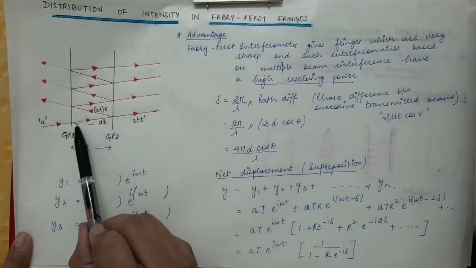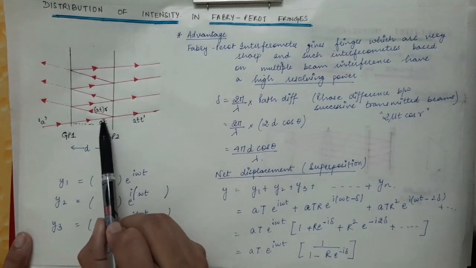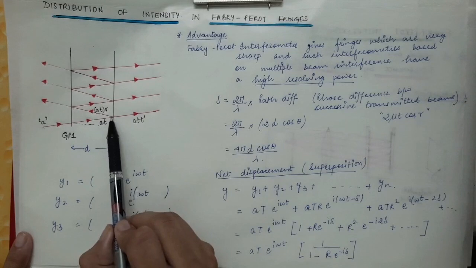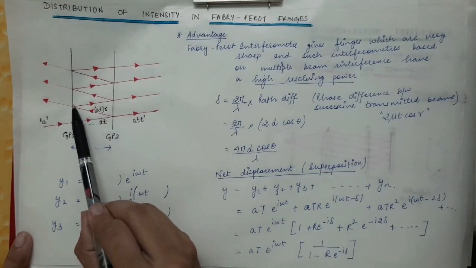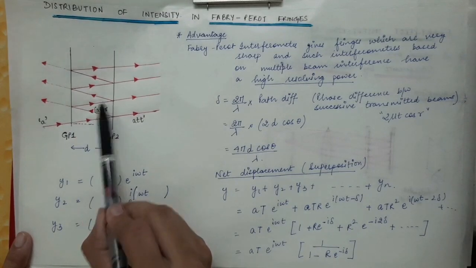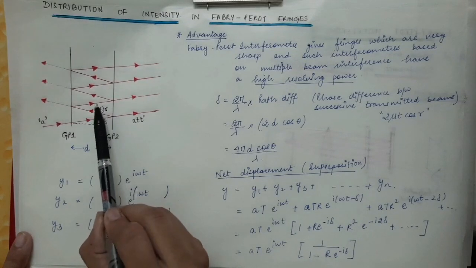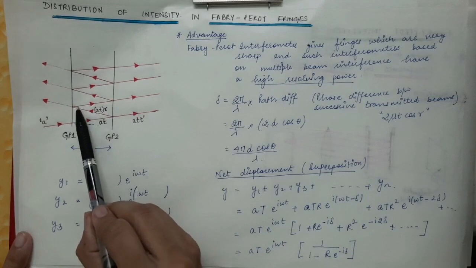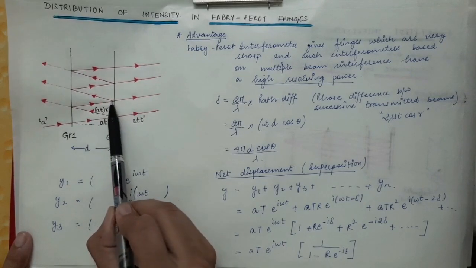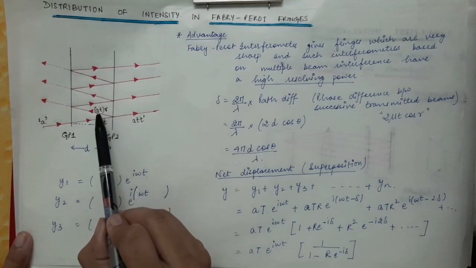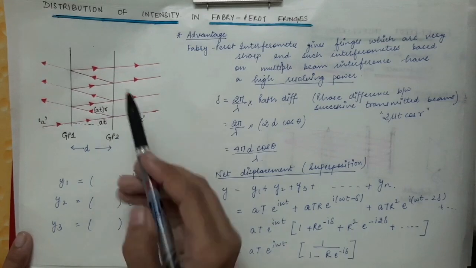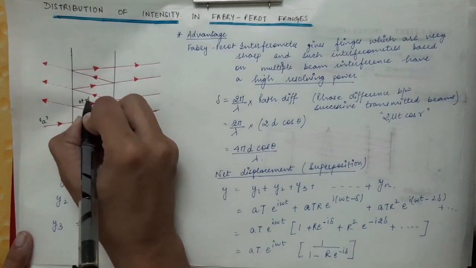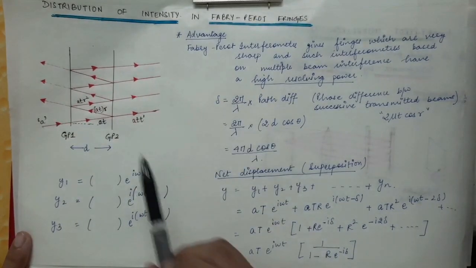So in the second region, the transmission coefficient is given by T and the reflection coefficient is given by R. The second reflected ray will again get reflected. So this reflected ray will have an amplitude of ATR times R, because it is getting reflected. So ATR times R means R square.